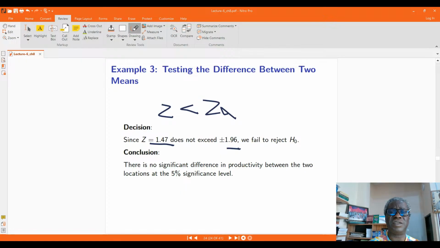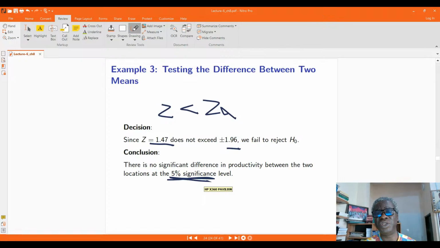You will notice that it's always proper that you indicate the level of significance you are reporting in your decision, your conclusion, so that we know that the decision is based on the fact that your likelihood of rejecting the null hypothesis when it is correct is 5%.